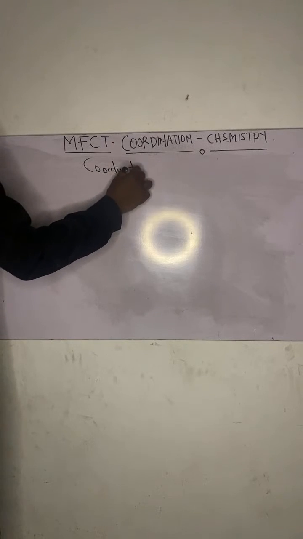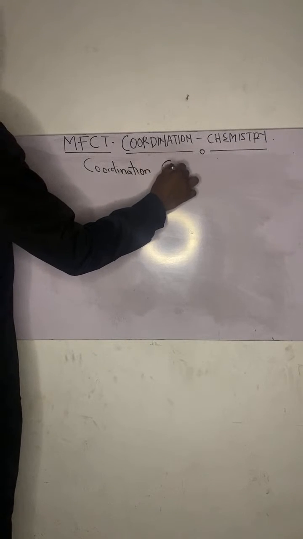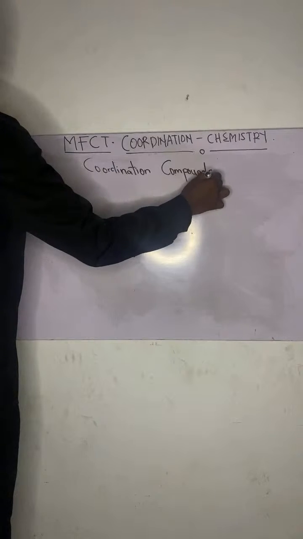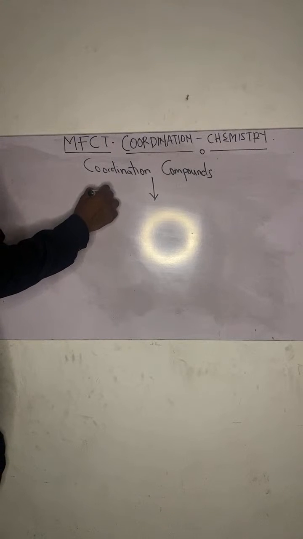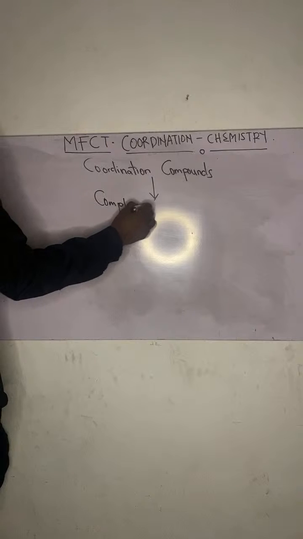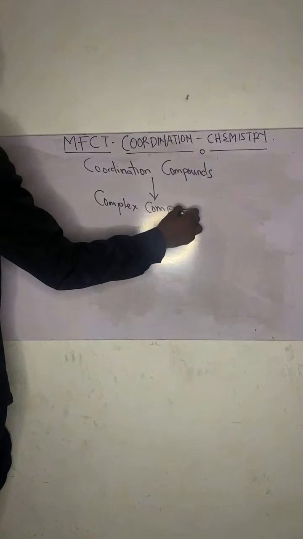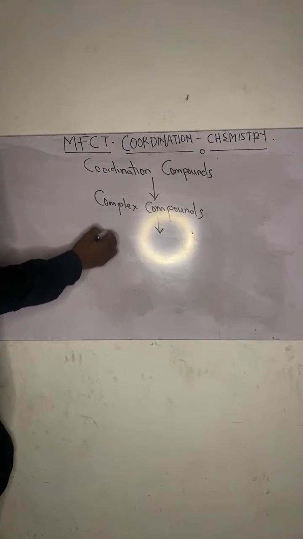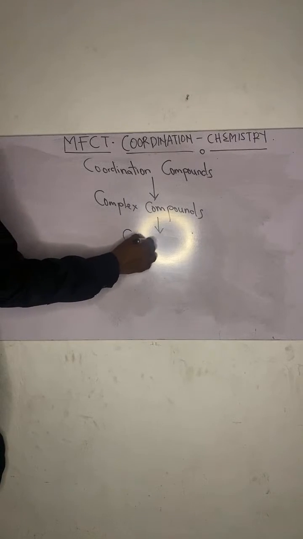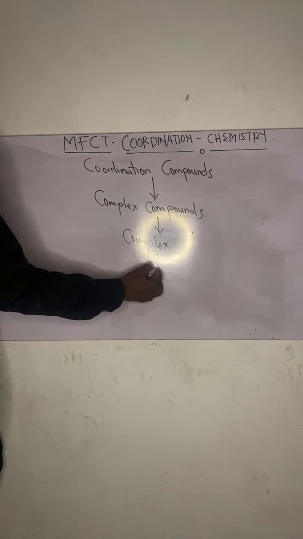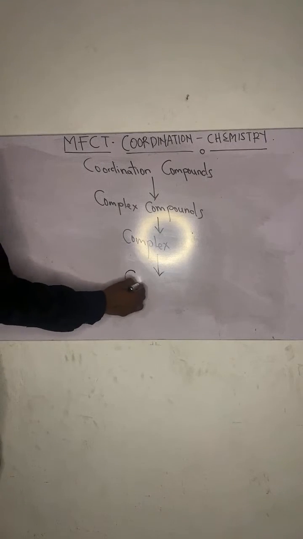Now, before I move on to the types of coordination compound, we have to note something: coordination compounds can also be referred to as complex compounds, or simply complex, or coordination entity.